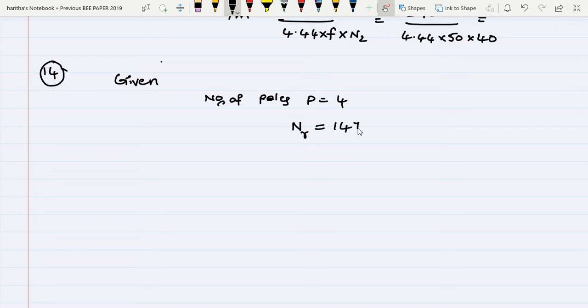Nr is equal to 1470 rpm, and frequency is also given, that is 50 Hz. If frequency is not mentioned in the problem, you can take it as 50 Hz. In India, the supply frequency is 50 Hz, so you can take it as 50. Then what you have to find out? Rotor frequency. Frequency of the rotor induced EMF you have to find out.